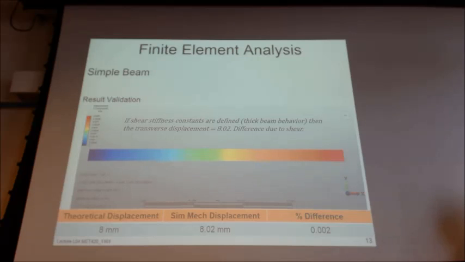I could have gone in and edited those and taken the shear values out of the material properties, but I chose to leave them in because it gives you a slightly different result for the transverse shear, just to make sure that you're aware that it's there. It does affect it.